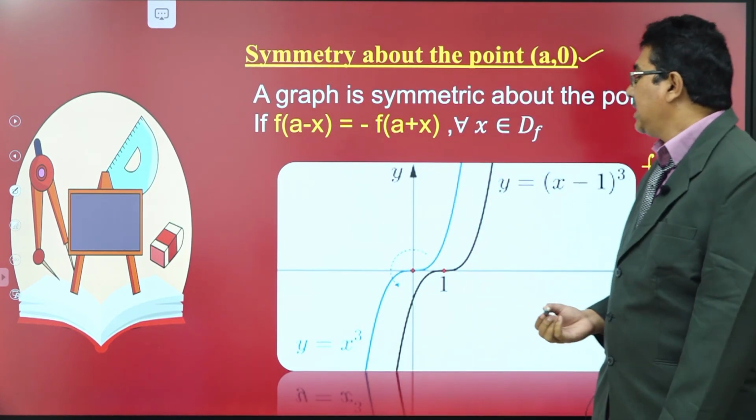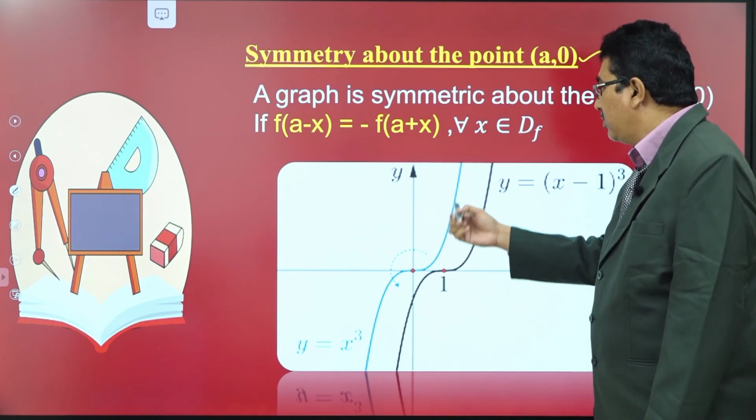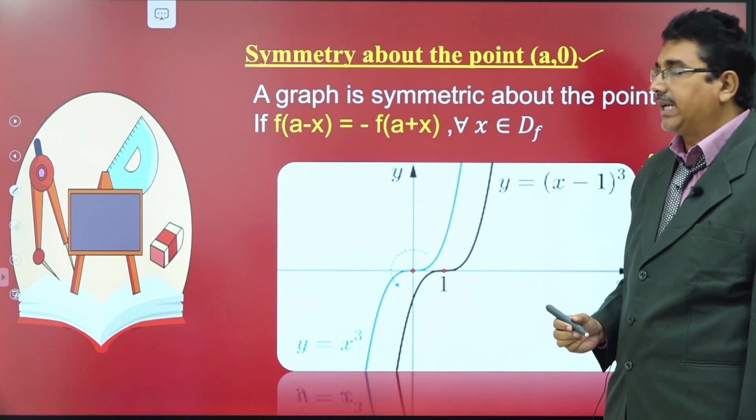Now see the graph of the function. Here the blue curve indicates the graph y equals x cubed.